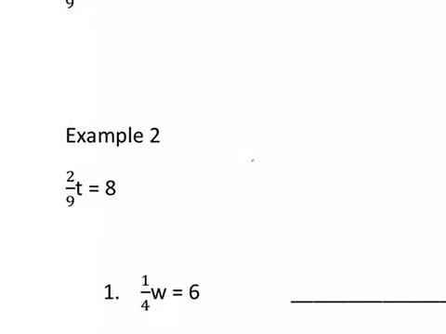So I need to multiply both sides by the denominator, and then that gives me 2t equals, and 8 times 9 is 72.